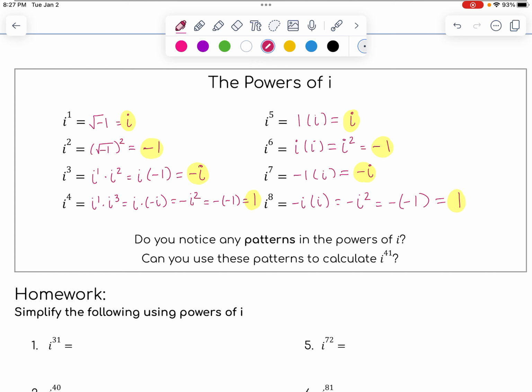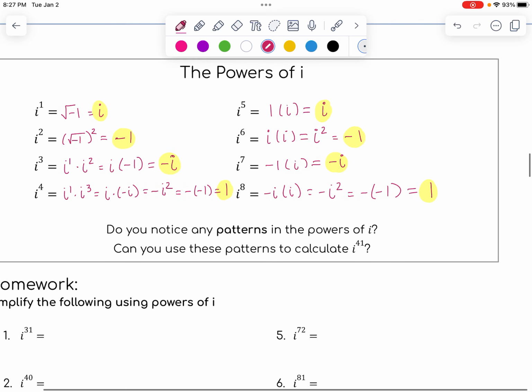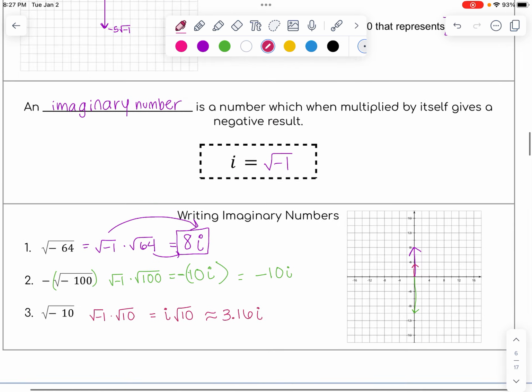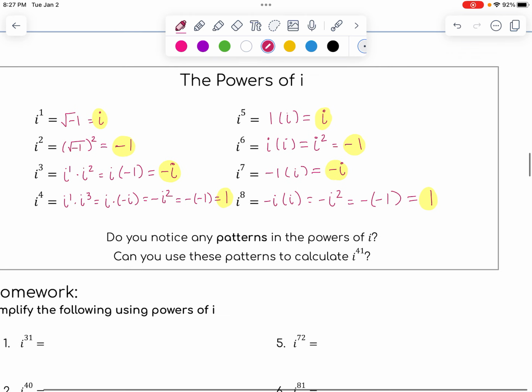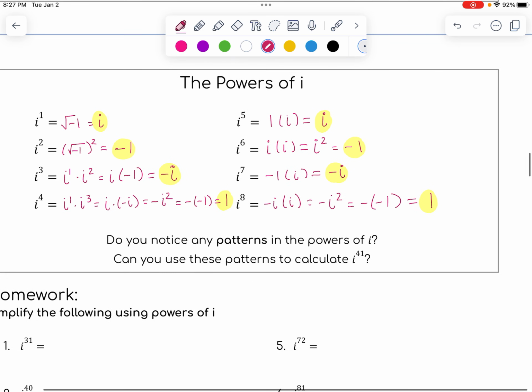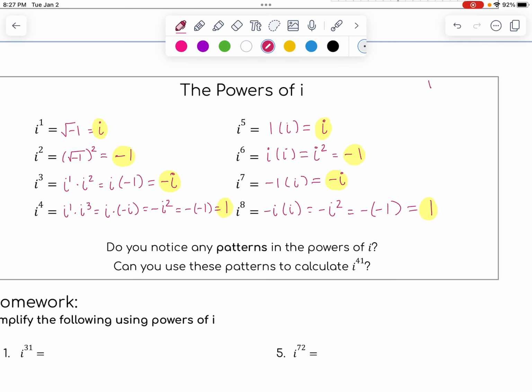And there's some ways that I like to remember this pattern. Starting with these first four, the pattern is i, negative 1, negative i, 1. And the way that I like to remember this is I always think, who won? Who do you think won?